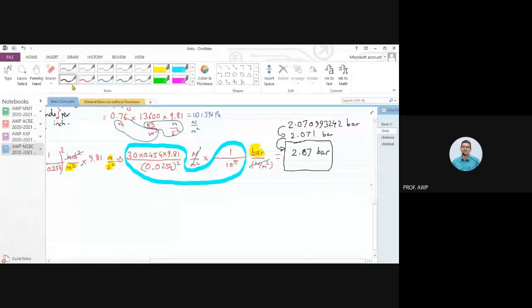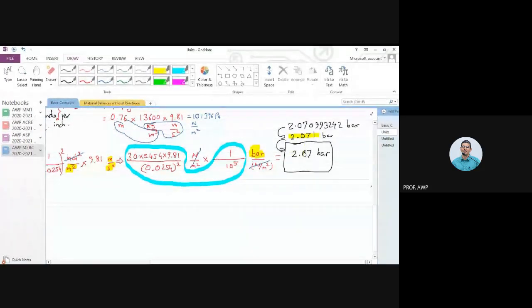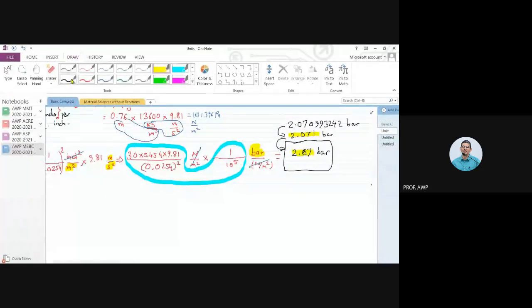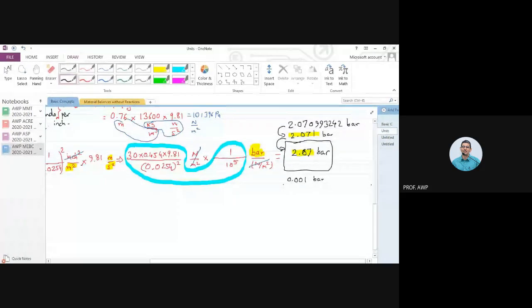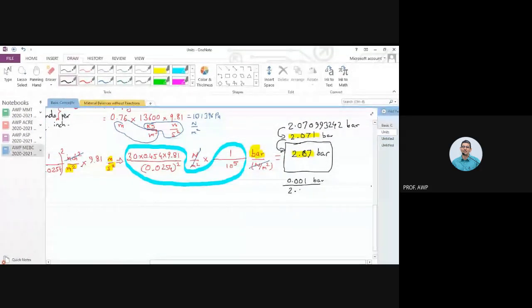The error that we have made in reporting is 2.071 minus 2.07, which is 0.001 bar, made in 2.071 bar.